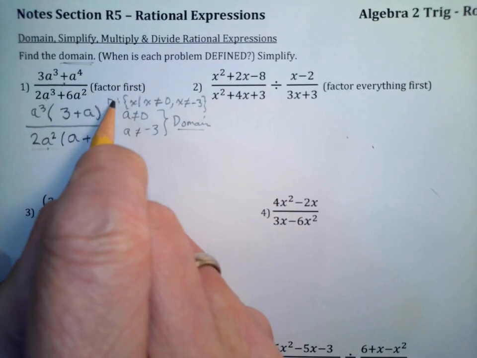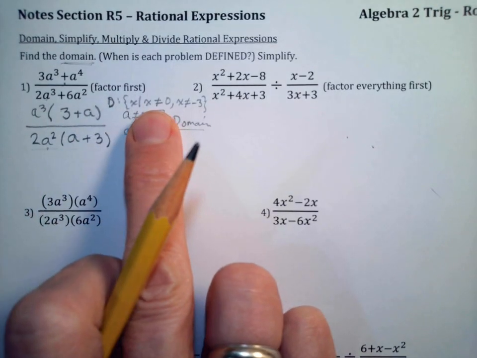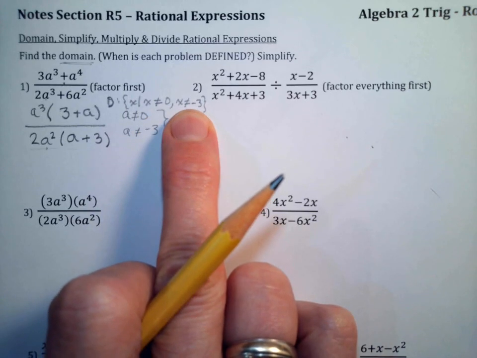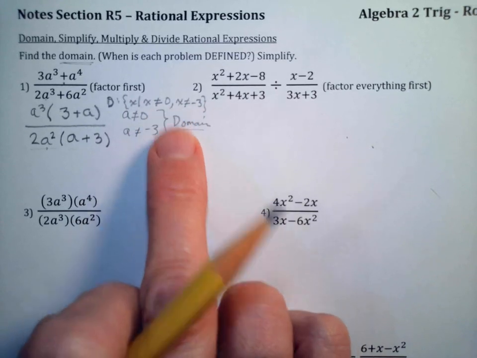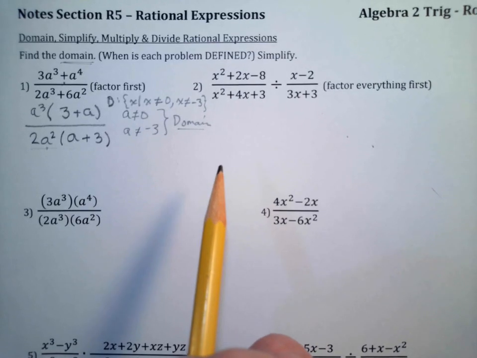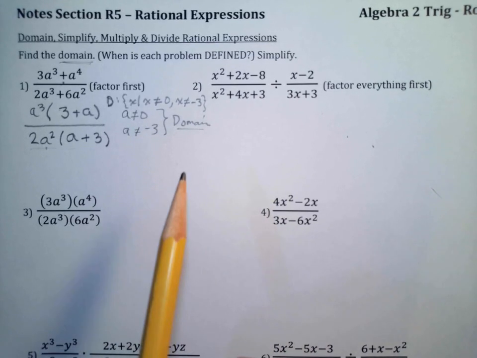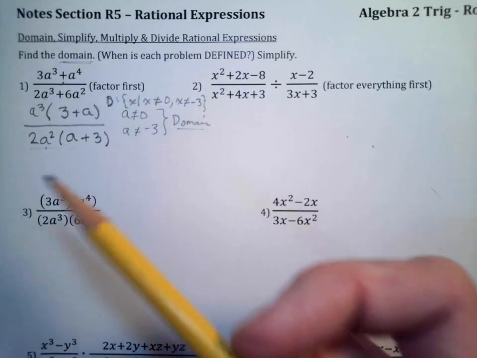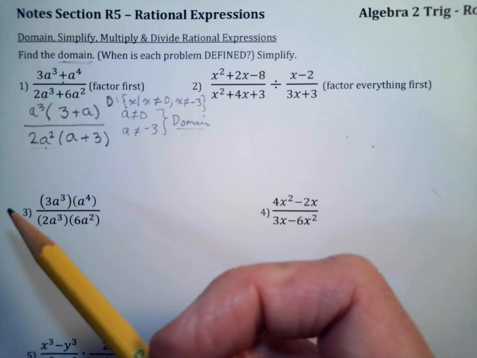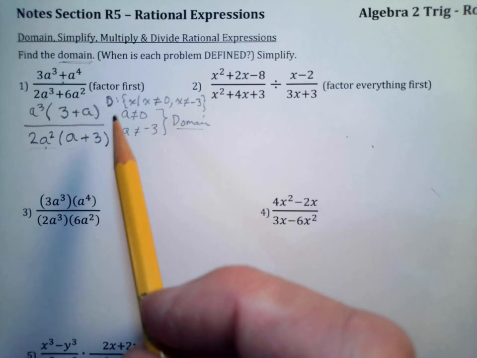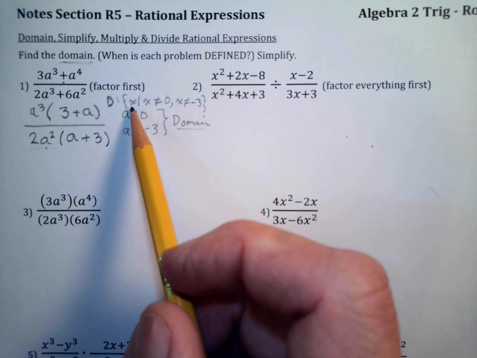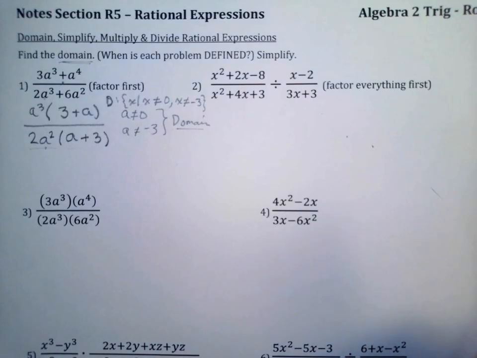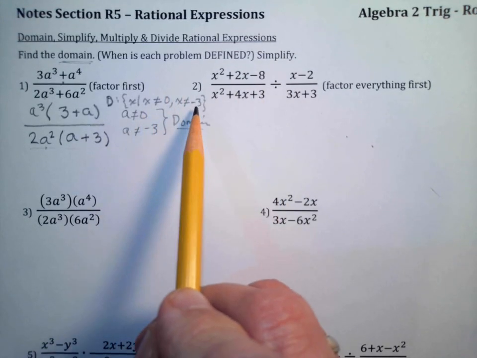So we're interested often in the domain. We're really looking at what values the variable can take on. But in this case, we're really more concerned about what values it cannot take on. So x can take on any value such that it's not those two. It's like all real numbers except 0 and negative 3.